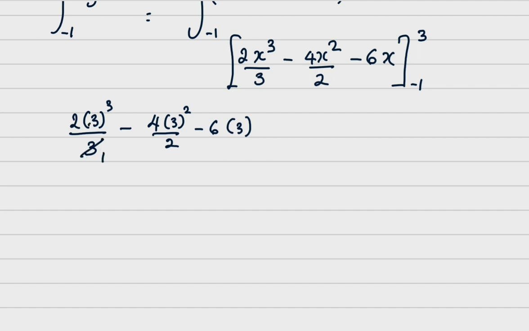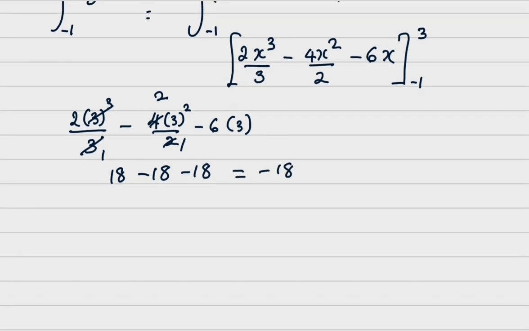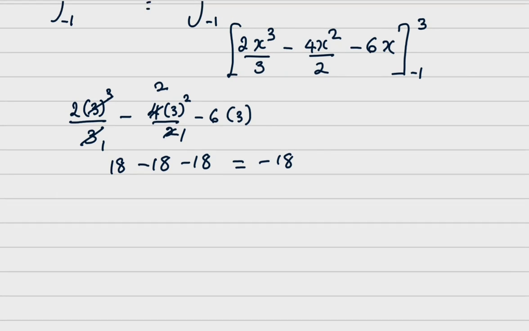So 3 here, 1, 3 into this is 27, that is 9. 9 times 2, we have 18. Then if you check here is 1, here is 2. 2 times 9 is -18. Then of course we have -18. So the answer here is -18 when x equals to 3.